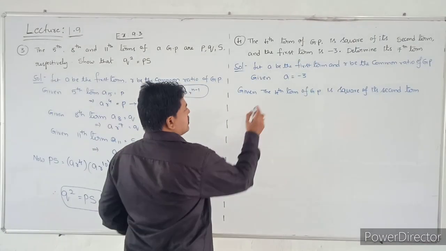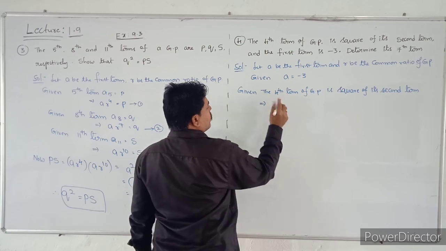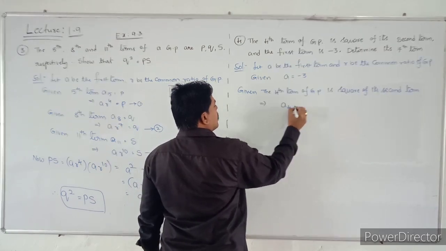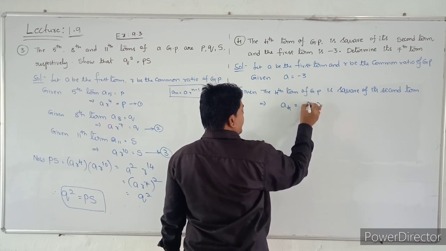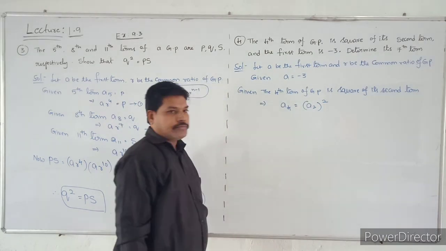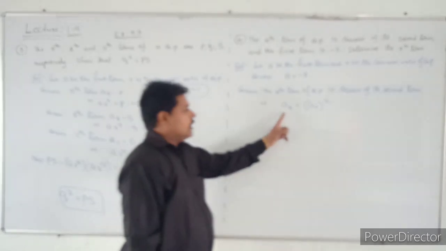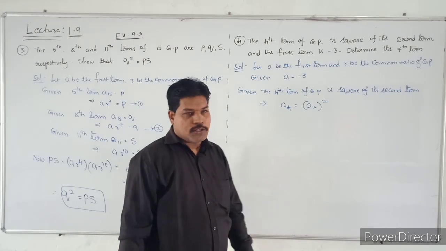So what does this mean? That is nothing but what they have given: the fourth term A4 is equal to the square of its second term, that is nothing but A2 whole square. A4 is equal to A2 whole square.